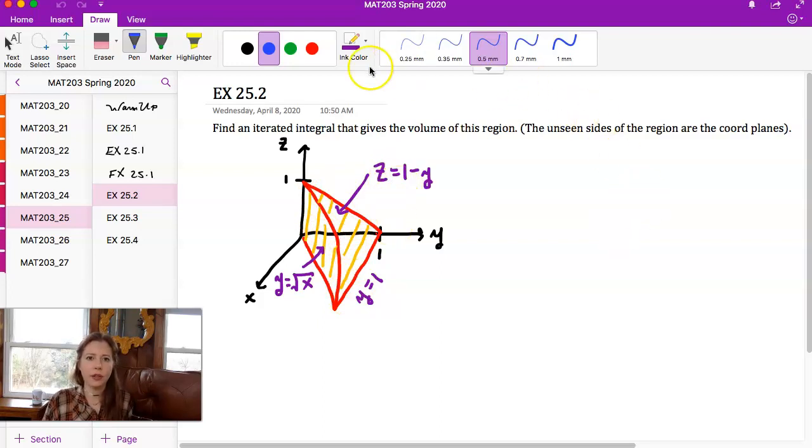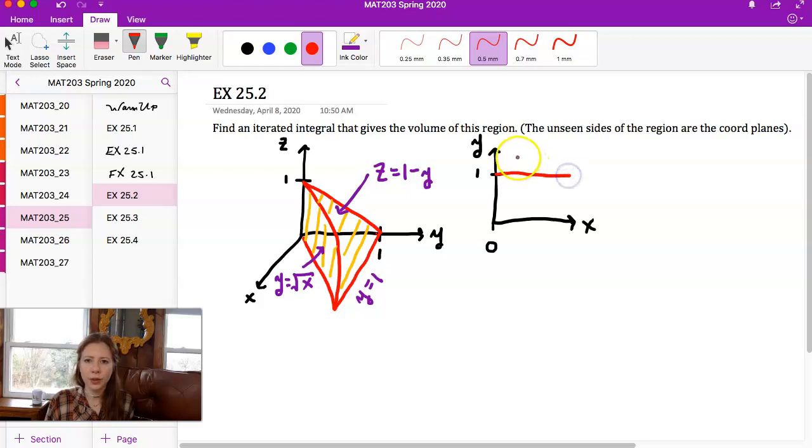So let's start by looking at a yx cross section. Okay, so this will be 1. So this is looking down at the xy plane. And of course, this right here is 0. So we're bound first by y is equal to 1. Okay, so this is y is equal to 1.